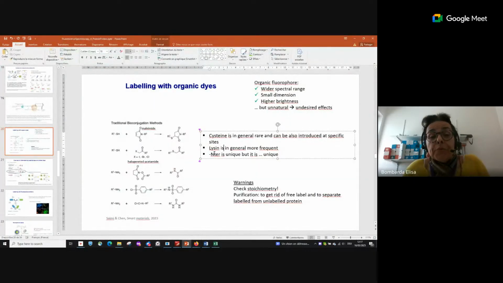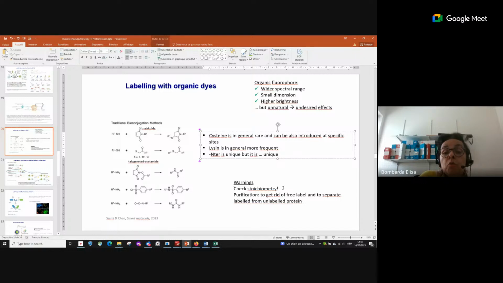Okay, so we have just seen how we can introduce organic dyes as fluorophores on proteins by traditional bioconjugation methods, and also the importance, the warning, especially if you want to have quantitative information.